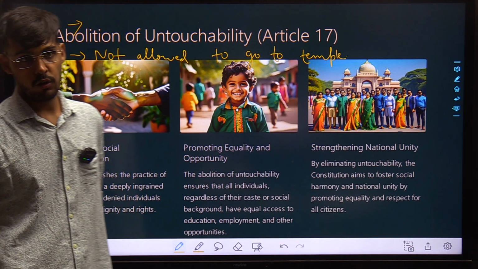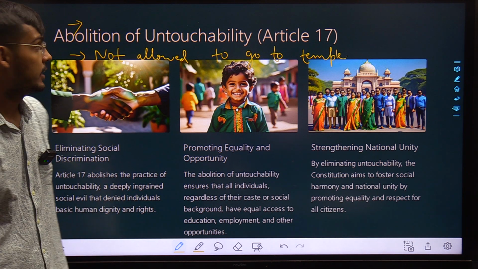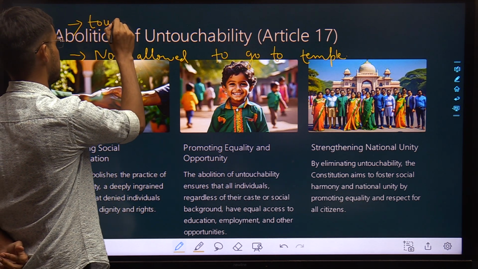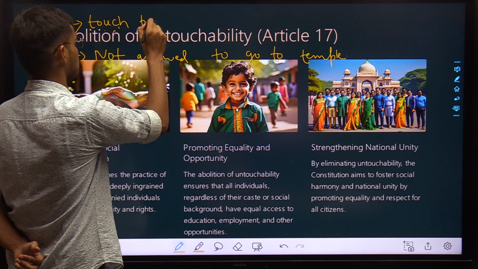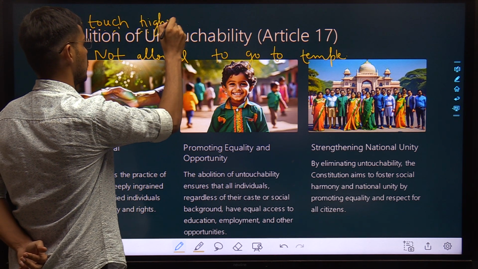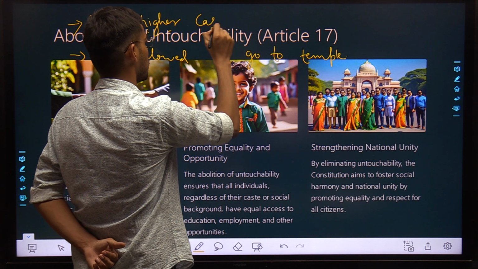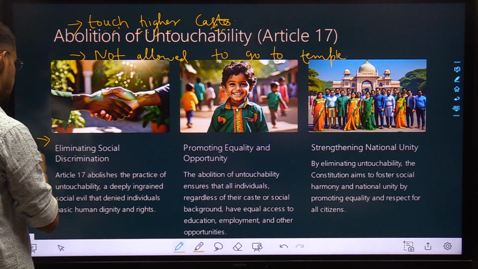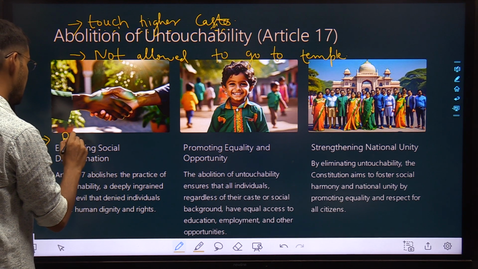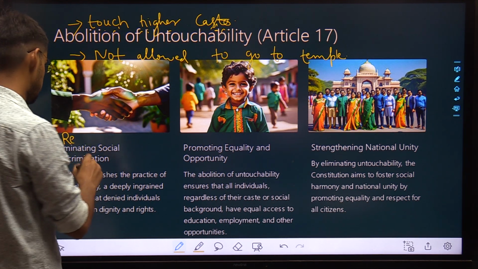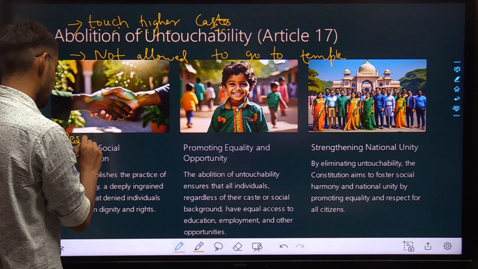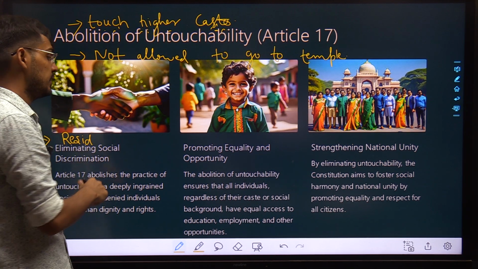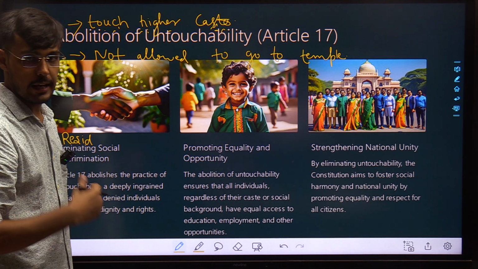Certain people in our Indian society historically were not allowed to touch persons of higher caste. These people were also subjected to residence outside the village area. They could not make their home in the center of the village or nearby temples.